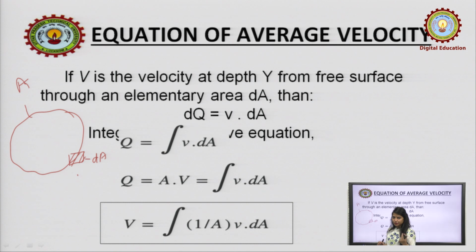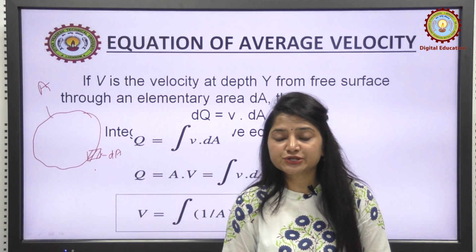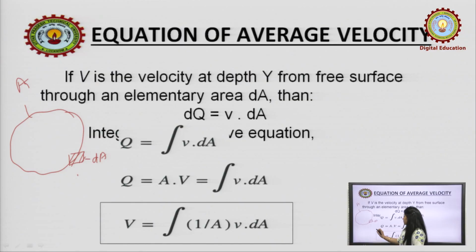Since we know that discharge or rate of flow is equivalent to the product of cross sectional area and velocity, the discharge dQ passing through this particular small elemental area will be equivalent to the elementary area dA into the velocity small v of this elemental area.